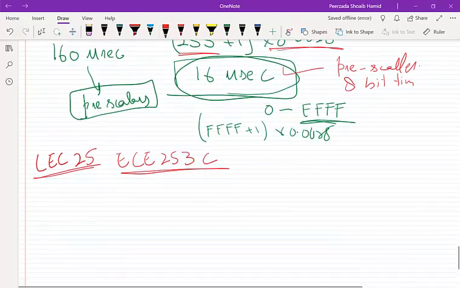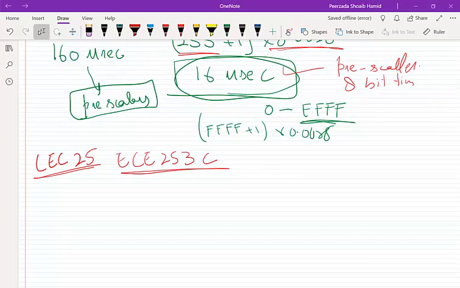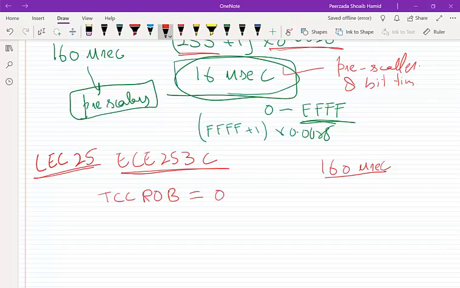Then we also discussed what if we need a time delay greater than 16 microseconds. What if we need a 150 microsecond or 160 microsecond time delay? Obviously we can switch to timer 1, or alternatively we can use prescalers. For example, I had loaded TCCR0B with 01, which started my timer in normal mode with no prescaler.